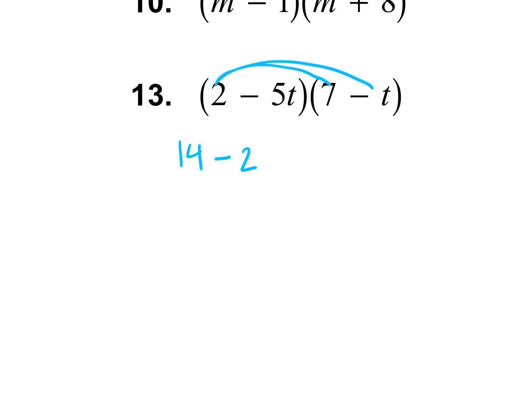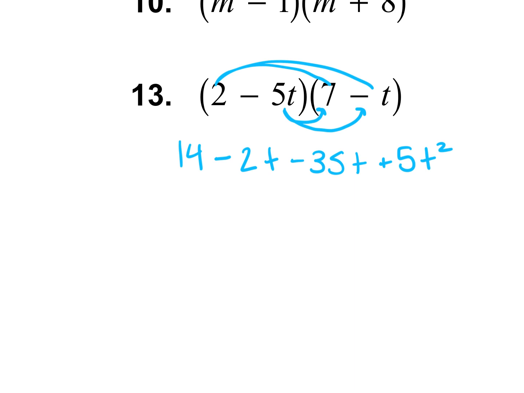Negative 2t. What's negative 5t times 7? Negative 35t. And then last are negative 5t times negative t. Negative times a negative would be positive 5t to the second power.